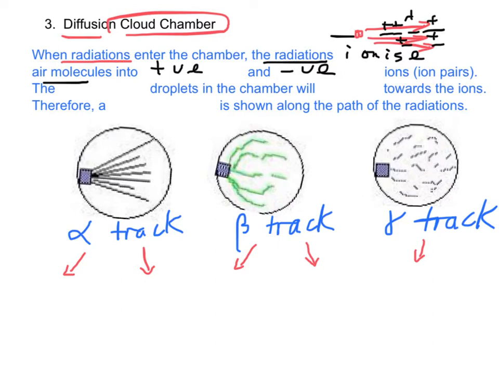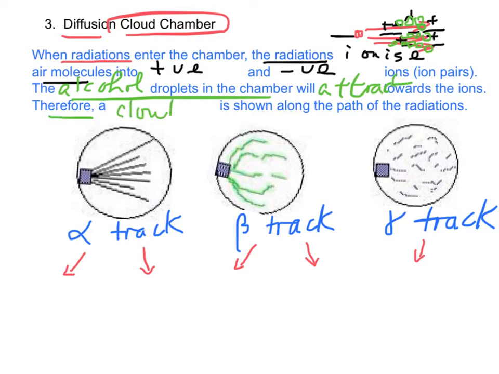At the same time, the alcohol droplets inside the chamber will be attracted towards the ions. Therefore, a cloud track is shown along the path of the radiation.